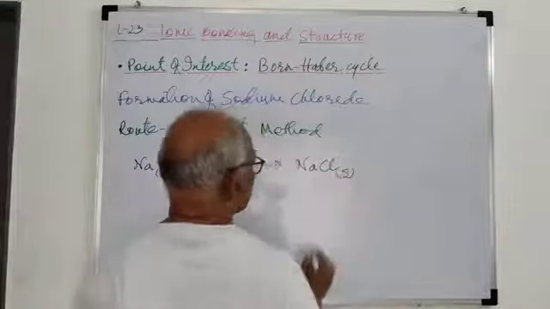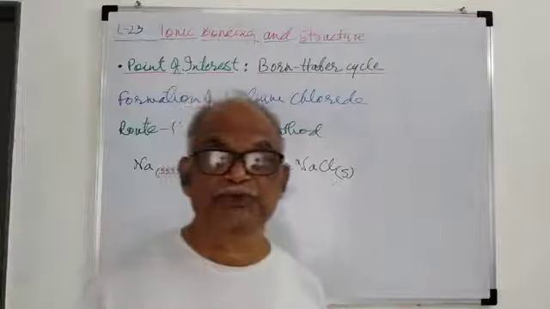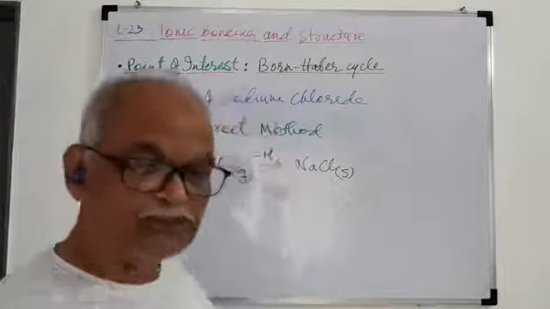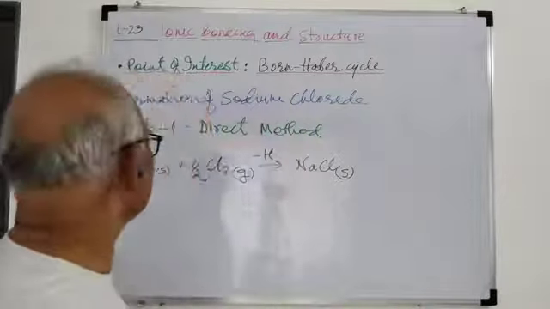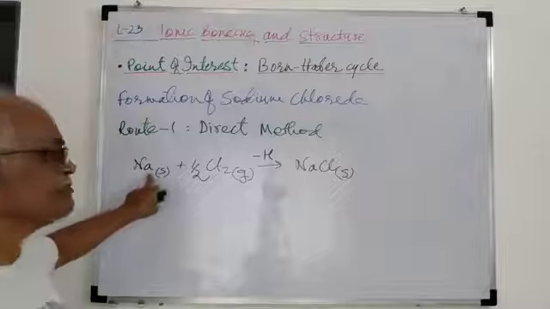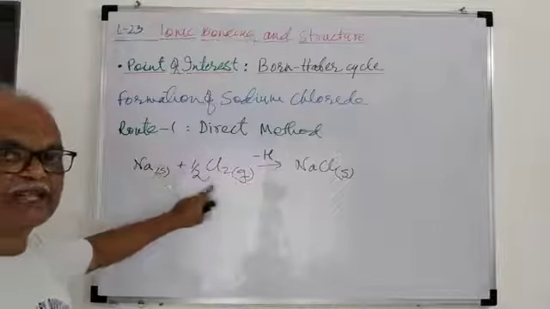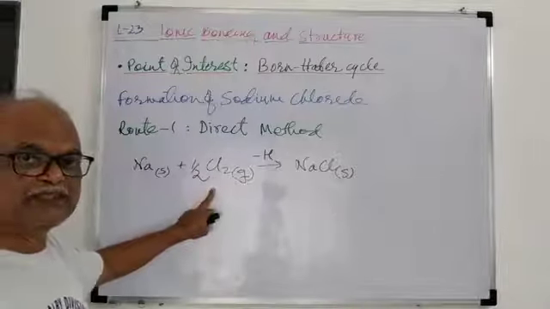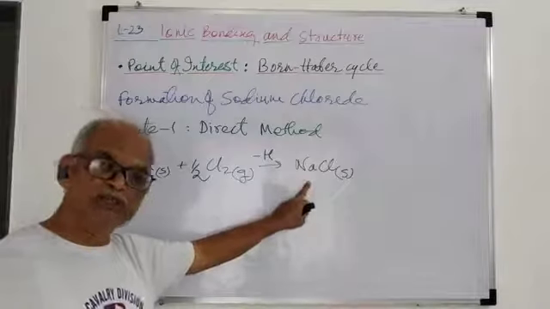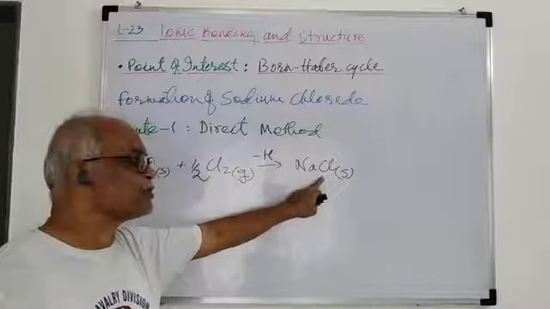That is why this enthalpy has been given a negative sign. So this is route 1, that is the direct method. It shows direct conversion of sodium from its solid state and chlorine from its gaseous state to the formation of solid sodium chloride.